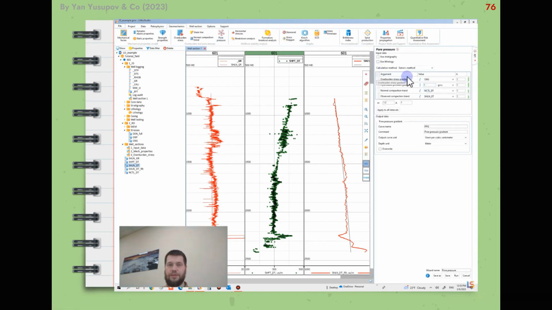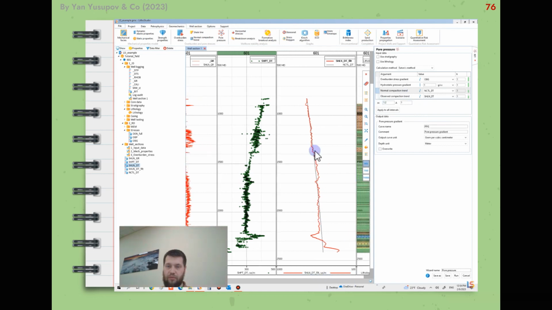For this task, please select the calculation method, Eaton's method. For the overburden stress gradient, please leave the OBG curve as default. For hydrostatic pore pressure, use 1 gram per cubic centimeter. As the normal compaction trend, we will use NCT DT, and the observed compaction trend.